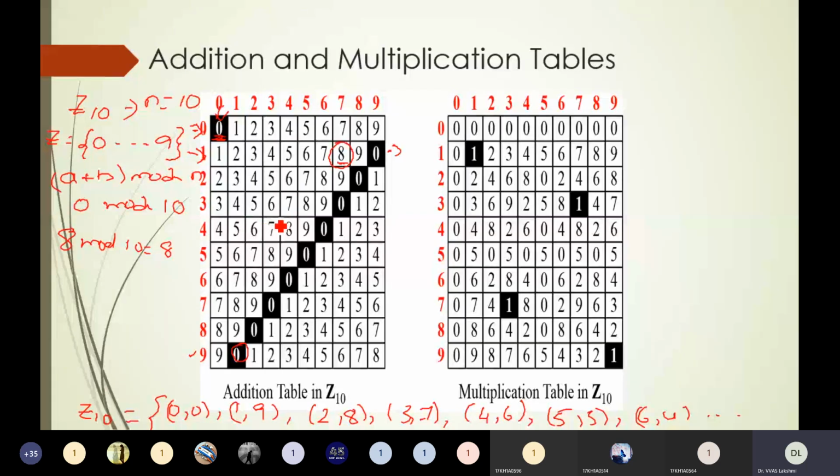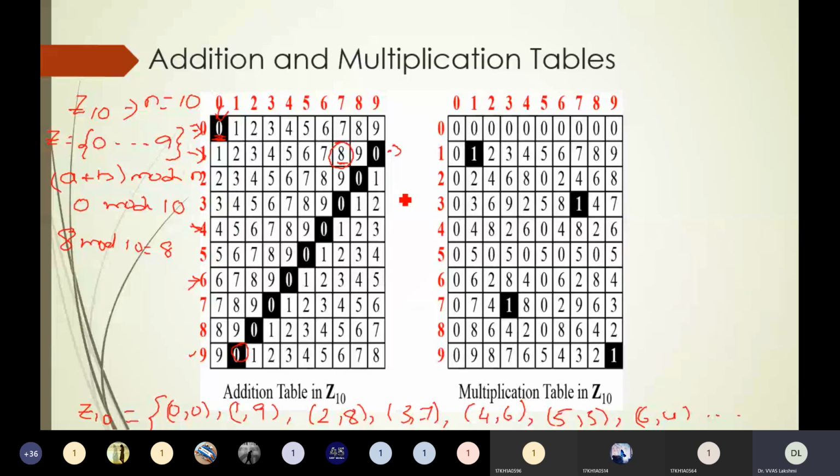That's why every element will have an additive inverse with another element. If I take the value 6, then 6 plus 4 mod 10 gives 0. So 4 is the additive inverse of 6, and vice versa, 6 is the additive inverse of 4. That's how additive inverses are calculated with the help of this table.